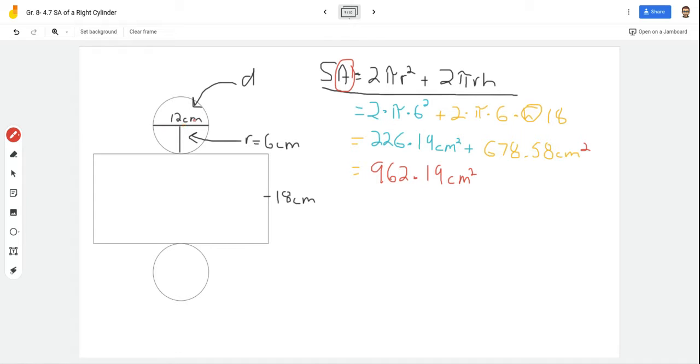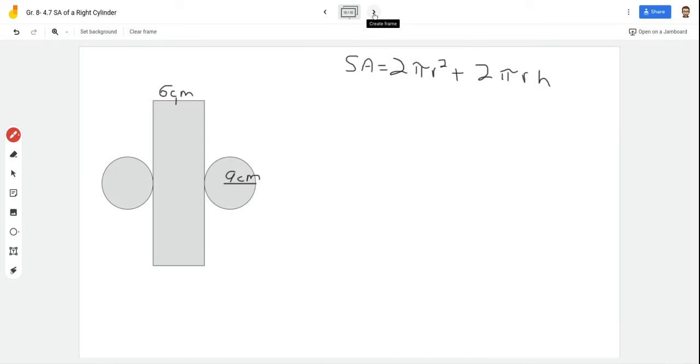Now that's if they give us the diameter and we need to convert it to the radius. Now sometimes they're just going to give you a net like this where the radius is already done for you and you have the height. So then we can just go right back in here, plug these numbers into our equation. 2 pi times, oops, not 6, sorry, radius is 9 squared plus 2 pi, the radius is 9 times the height is 6.